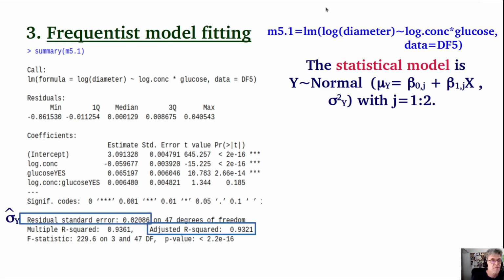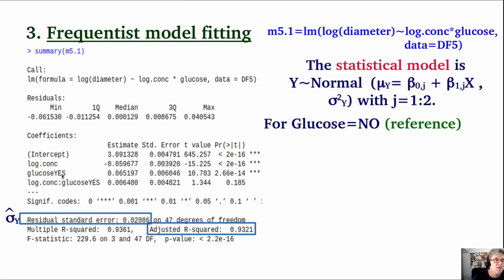We have the residual standard error, which squared is an estimate of the variance of the response variable. The model explains 93% of the variation of the response variable. For glucose, the level of reference, we see here glucose has two levels, no and yes.